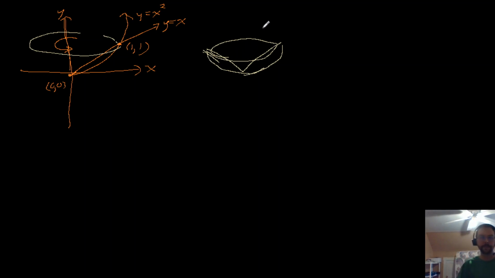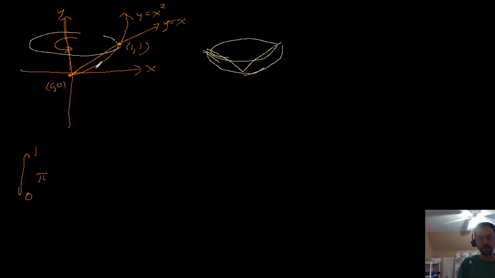The outer side will be this smooth curve, and the inner side will be this flat shape. And to set this one up, it's basically the same as last time, except, just like with finding the area between two curves, when we're finding this volume between two curves, you take the one minus the other. So the integral from 0 to 1 of pi r squared.